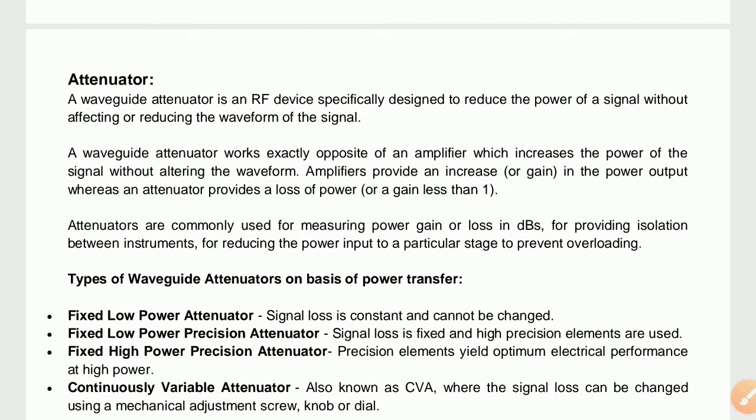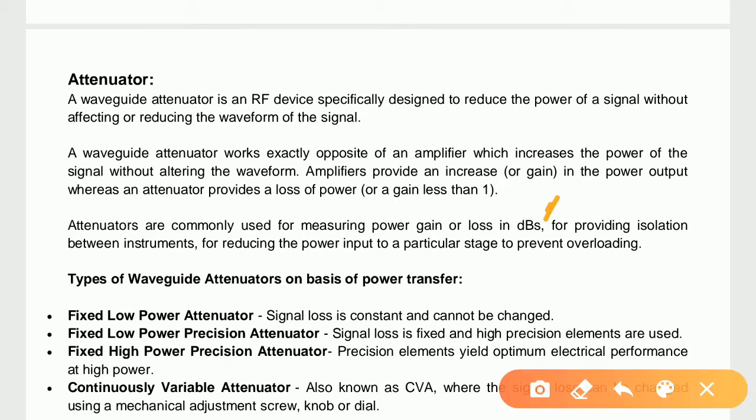Then attenuators are commonly used for measuring power gain or loss in decibels. The unit of attenuation is the decibel. They are also used for providing isolation between instruments, and for reducing power input to a particular stage to prevent overloading.